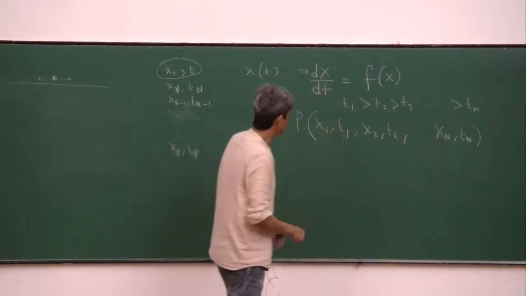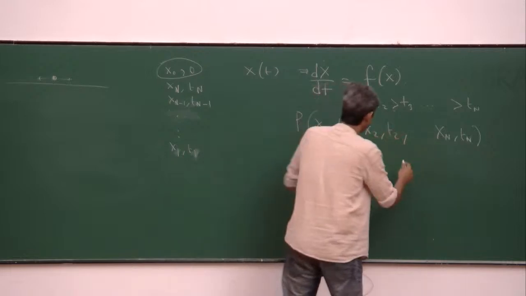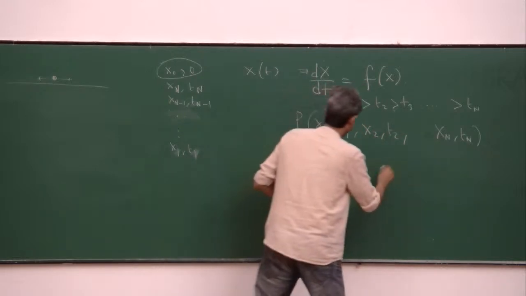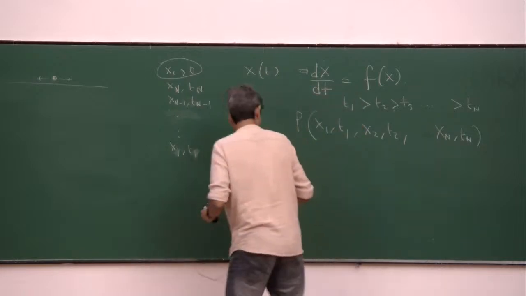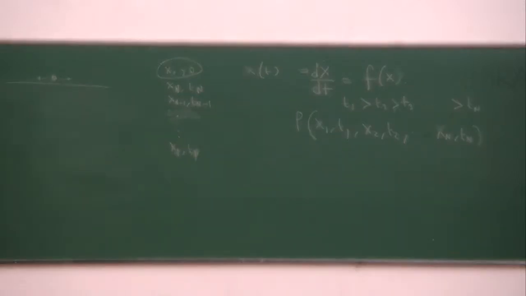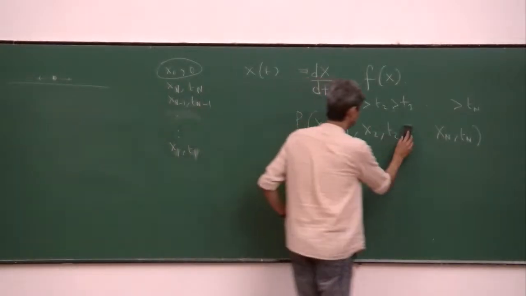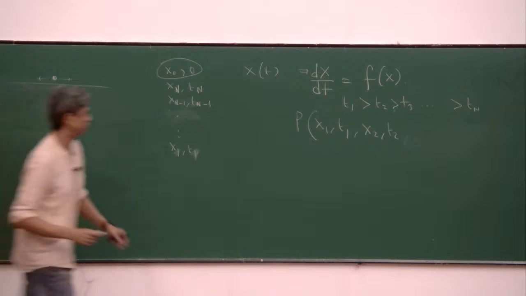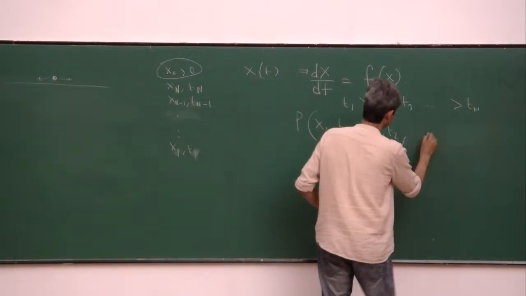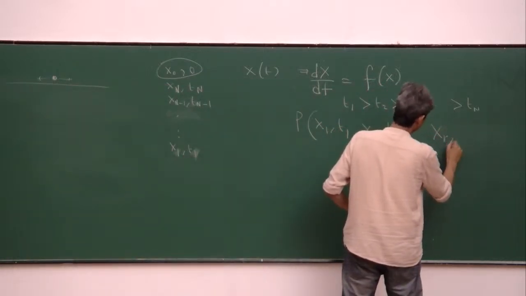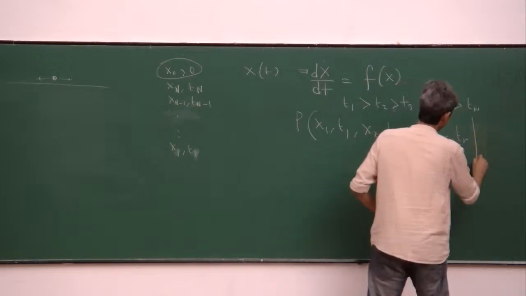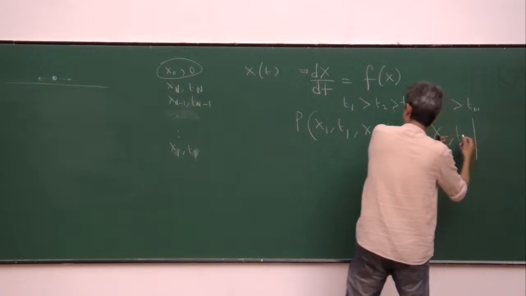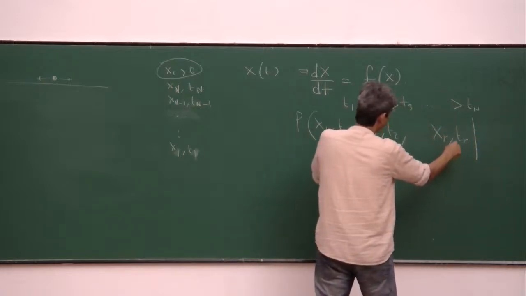So then what you can do is you can simplify. Say there is some intermediate time tr, and you want to know the probability that you have reached here.